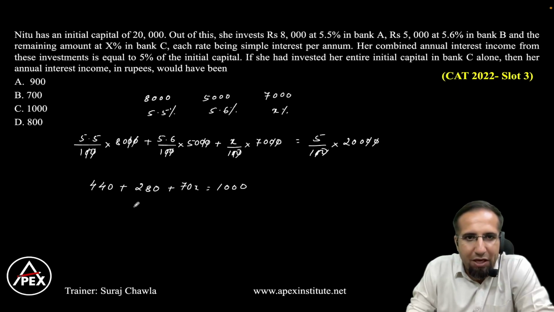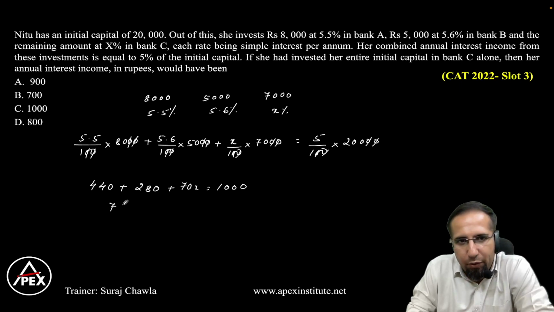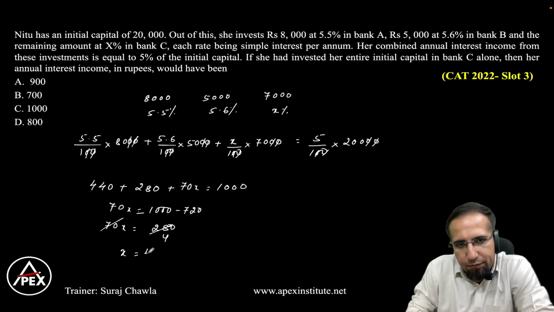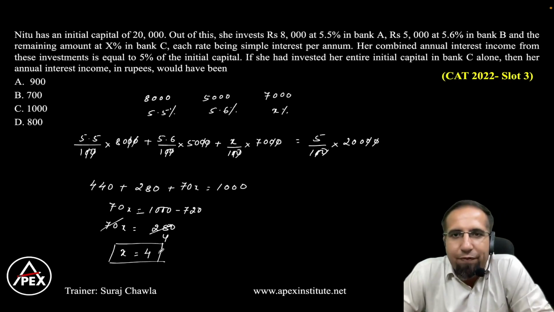So this is going to be 720. So 70x is equal to 1000 minus 720. Or we get 70x is equal to 280. Or the value of x is equal to 4. Fair enough. We have the value of x is equal to 4.